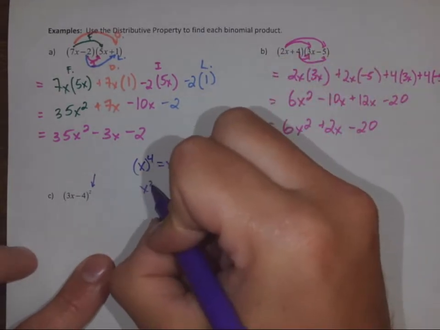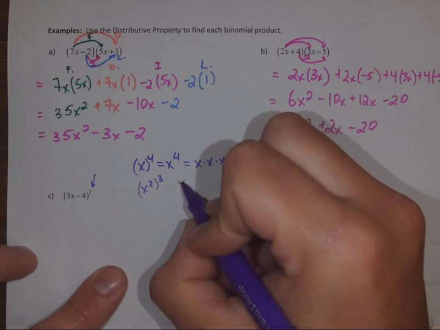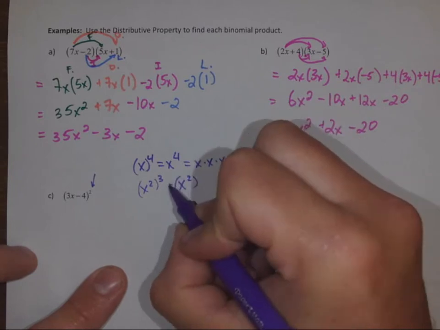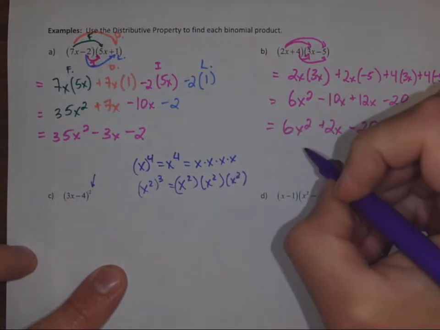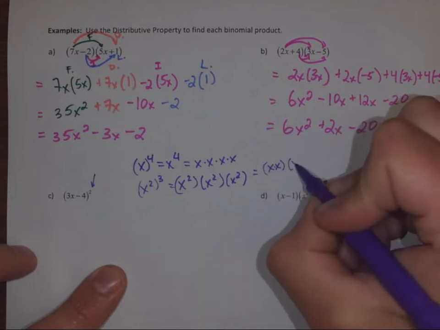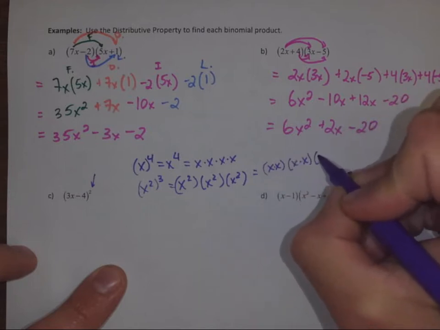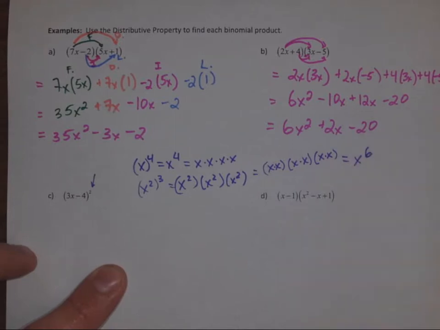So if it was x squared all exponent 3, that's x squared 3 times, which is really x times x in brackets times x times x in brackets times x times x, which again is x exponent 6.